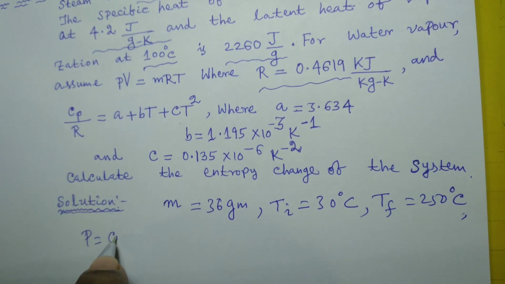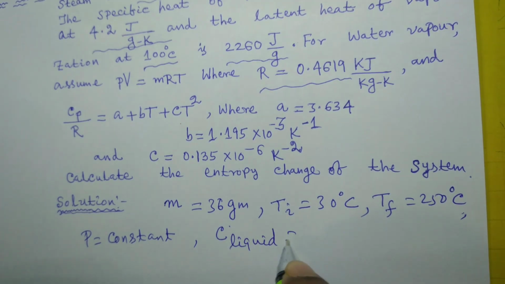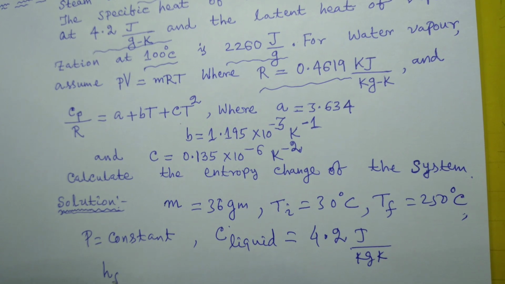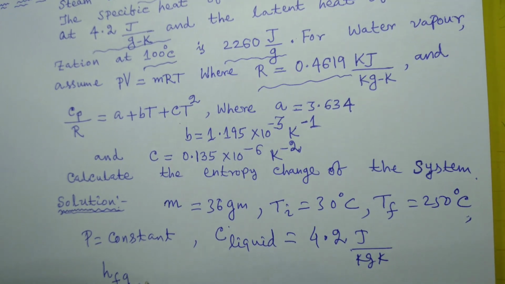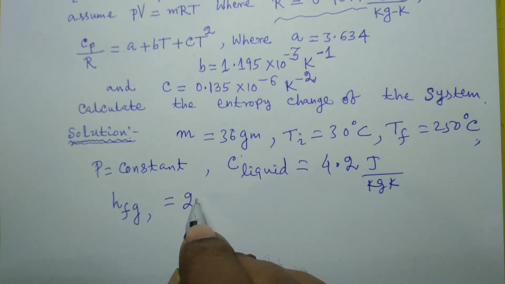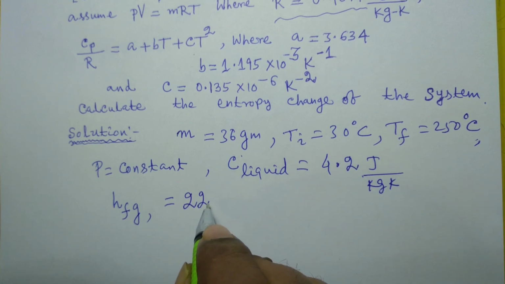So during the process pressure remains constant, and the specific heat of water when it is in liquid state is 4.2 joule per gram Kelvin. And the latent heat of vaporization at 1 atmospheric pressure is equal to this. HFG is nothing but the latent heat of vaporization, and this heat is absorbed when liquid is converted into vapor at a constant temperature, at the saturation temperature.